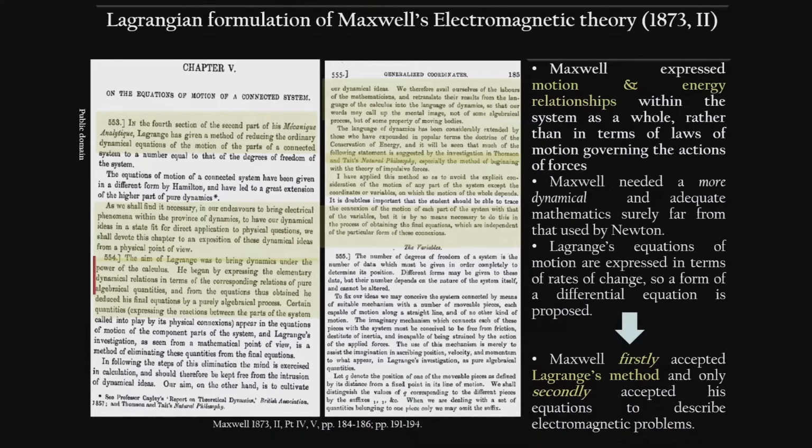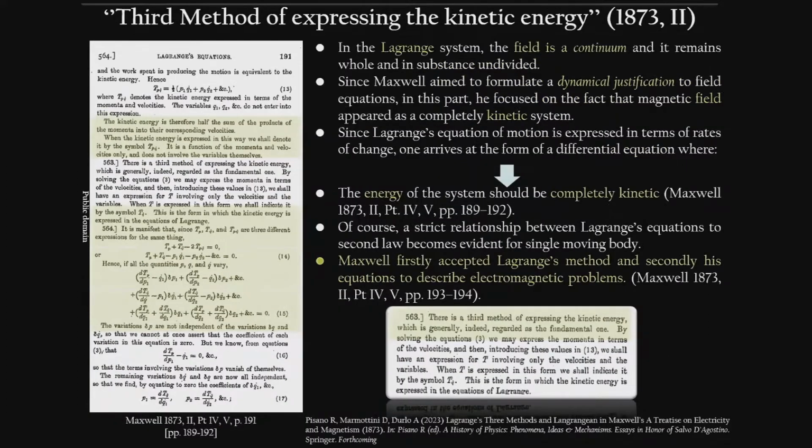So the aim of Lagrange was to bring dynamics under the power of the calculus, etc. And he said, I have applied this method so as to avoid the explicit consideration of the motion of any part of the system, except the coordinates or variables. And he said, there is a third method of expressing the kinetic energy.